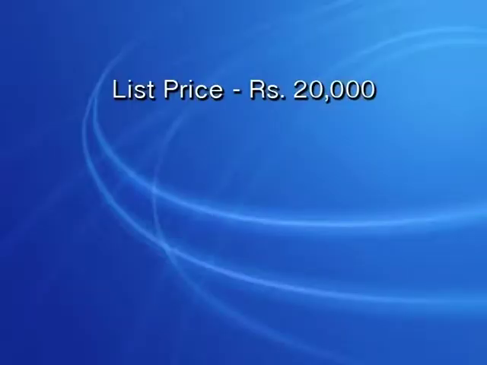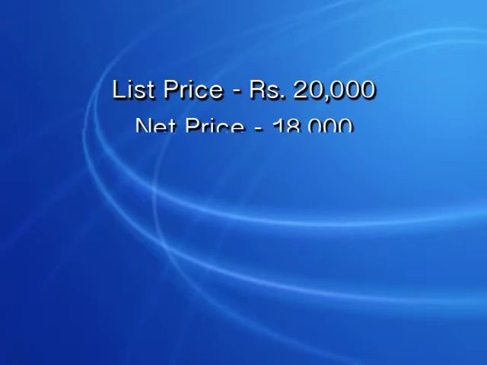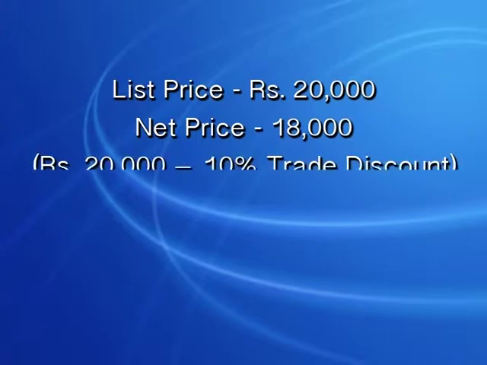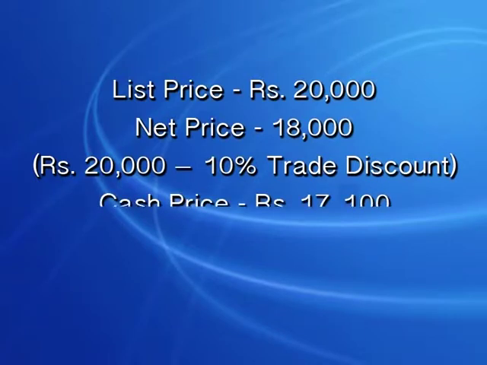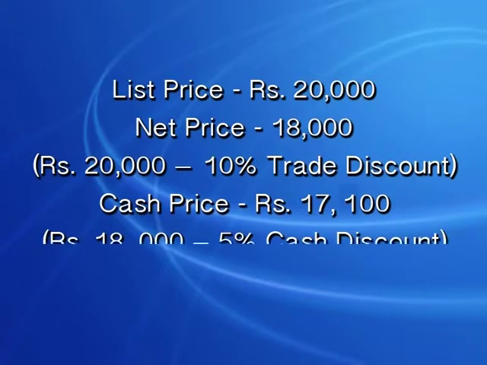It means the list price of the transaction is rupees 20,000, the net price after deducting of trade discount is 18,000 rupees, that is 20,000 minus 10% of trade discount, and the cash price of the transaction is 17,100 rupees, that is 18,000, the actual transaction value minus 5% of the cash discount.